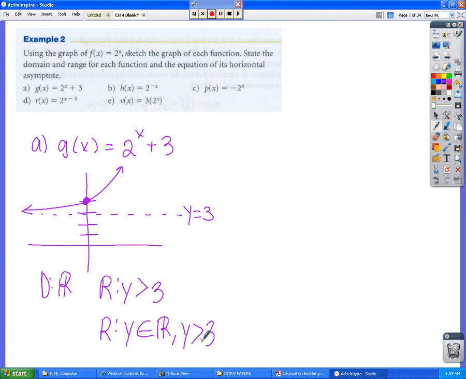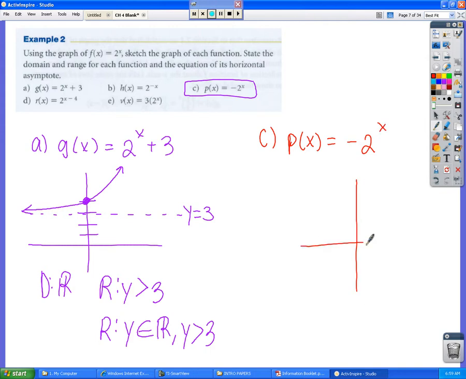And then let's do letter C, p of x is equal to negative 2 to the x. This is going to have a reflection across the x-axis. And so the y-intercept, instead of being 1, will be negative 1.